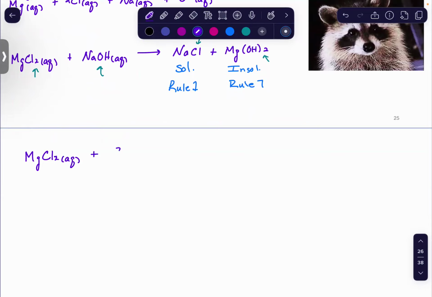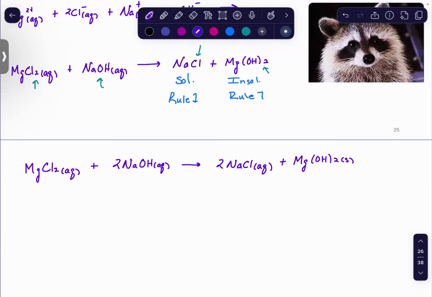And then I'm going to need two of my sodium hydroxides. Okay, I'm going to need two of my sodium chlorides. And rule 1 says this is soluble, so this is an aqueous compound. Rule 7 says magnesium hydroxide is not soluble. So we get a solid. We have a precipitation reaction.